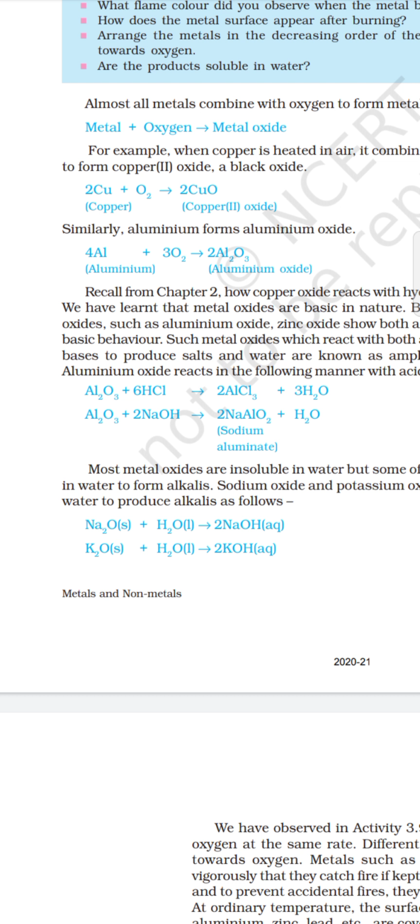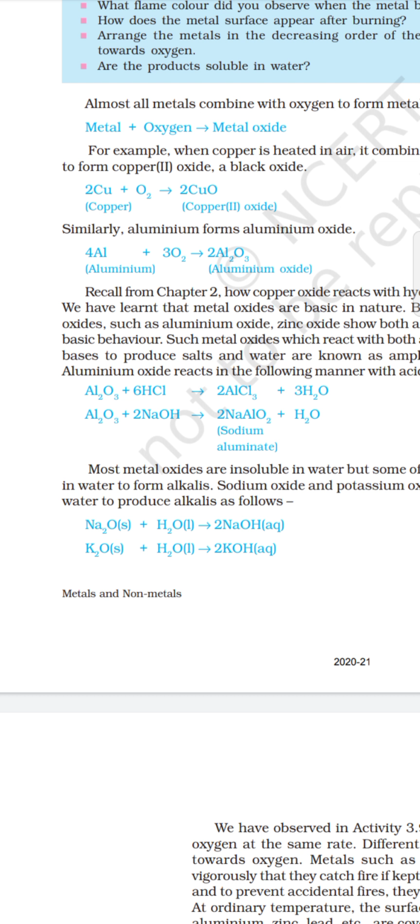So they are always stored submerged in kerosene because they are very reactive. If you take them out of the bottle they catch fire very fast. So you have to be very careful when you use sodium and potassium in your chemistry lab in future. Even at outside temperature it is going to catch fire.